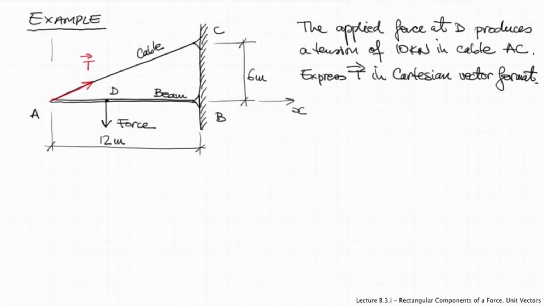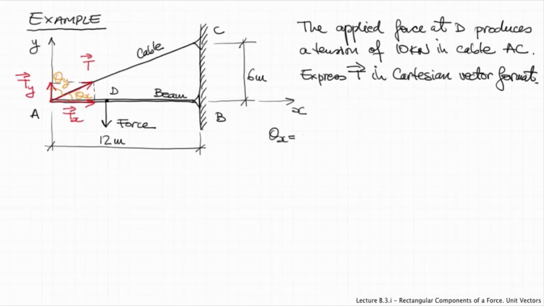So let's select the coordinate axes, x and y, and then we need to resolve T into its components, Tx and Ty respectively. And of course, the angles that T makes with the coordinate axes are theta x with the x-axis and theta y with the y-axis.